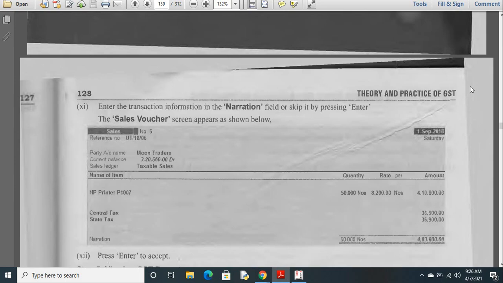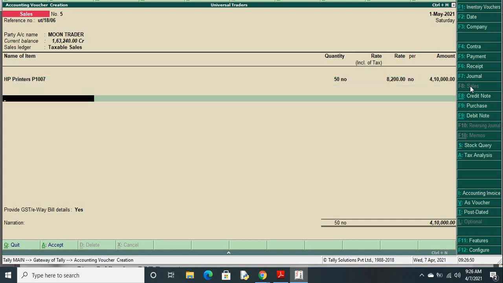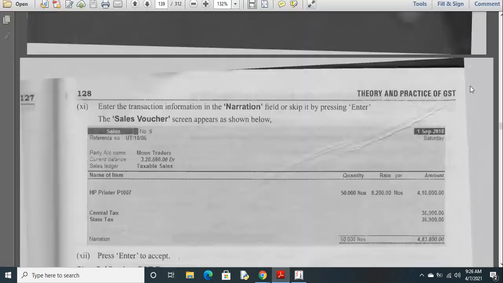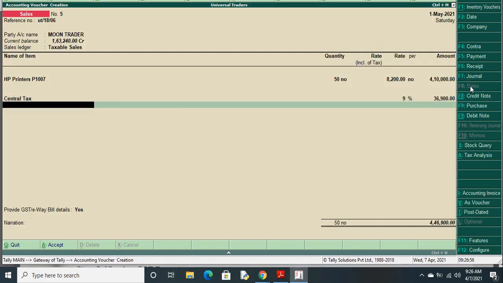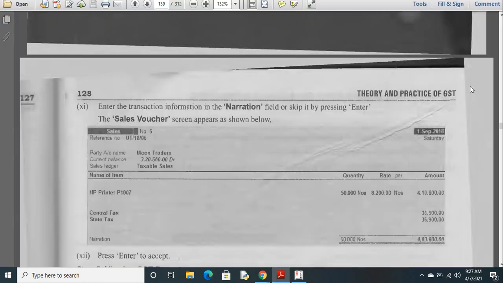How many we have sold? 58,200. Central tax 36,900. State tax 36,900.